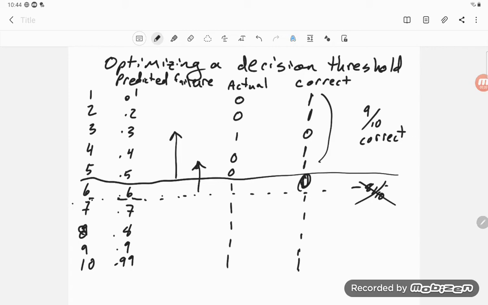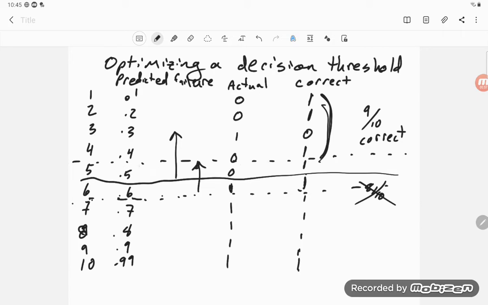And similarly, suppose I chose 0.4 as my line, then again, these are still correct. This one went back to correct here because I said, well, let's not try to do this transplant, and it turned out that it failed, so that would have been a good decision.